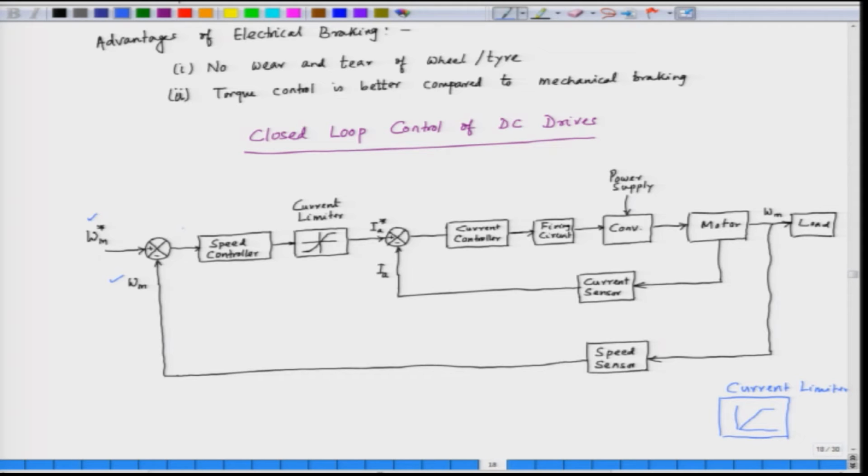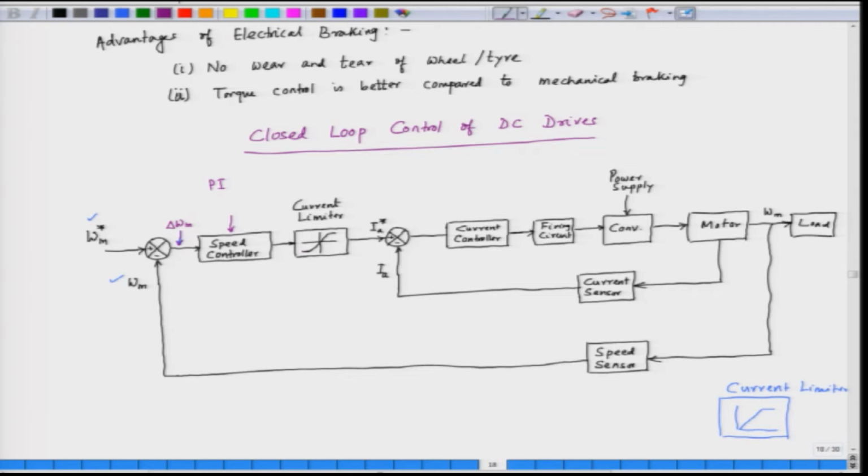So, we have a speed error, delta omega m, and the speed error is fed to the speed controller, which is usually a PI controller, a proportional and integral controller, which integrates and amplifies the speed error, and to prevent the output reaching a very high value, we have the current limiter.